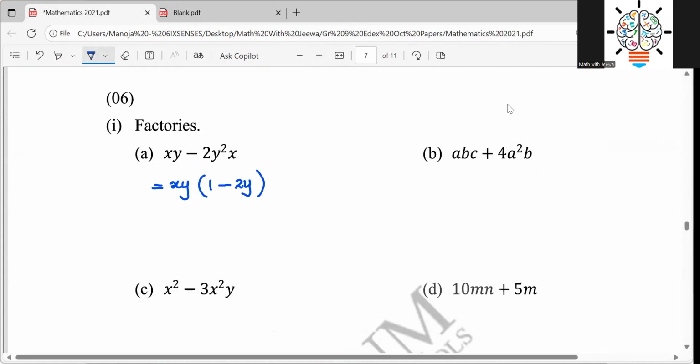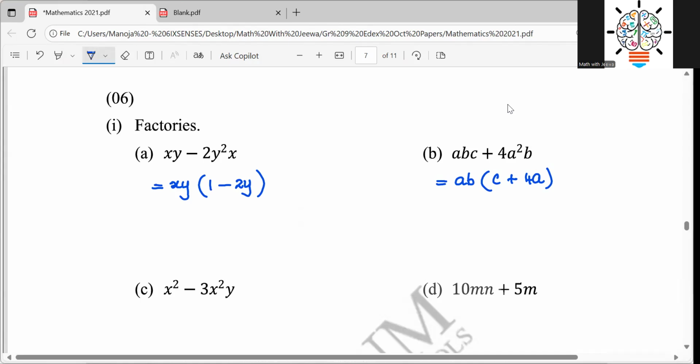Then the next one, you have a, b, and here it is c plus 4a, right? c plus 4a, 4 times a squared b, correct.